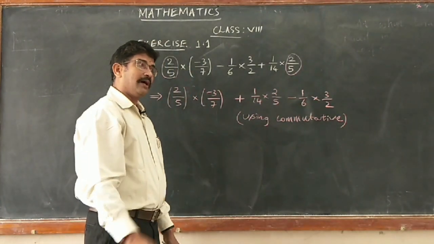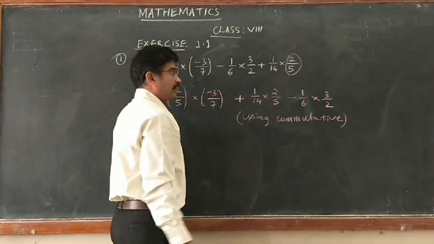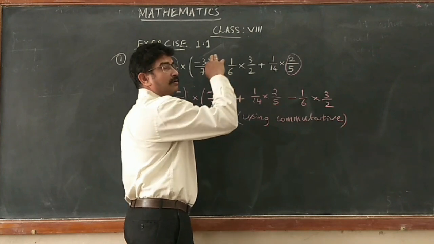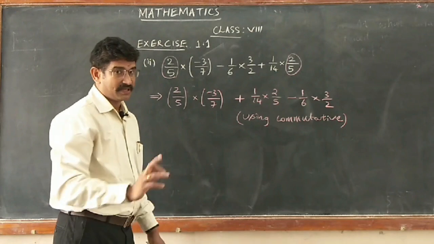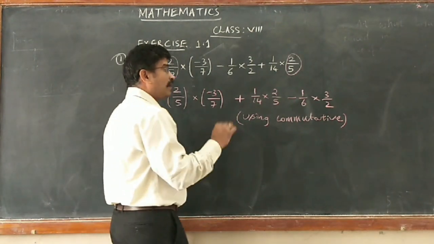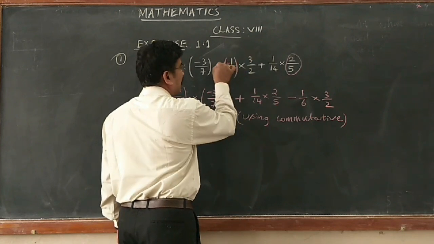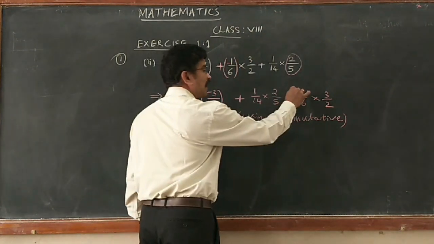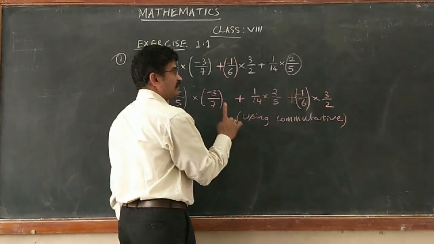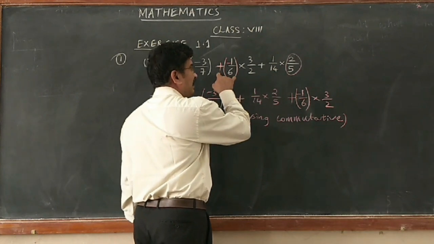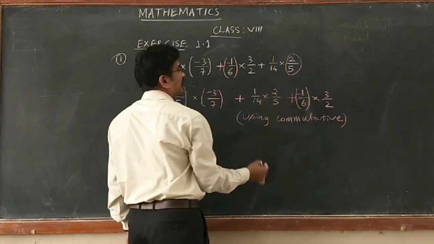So here you have a doubt that, sir, this is like A minus B. It is not true that commutative property holds under subtraction. But children, that's why I made this as addition. It is A plus B type only.